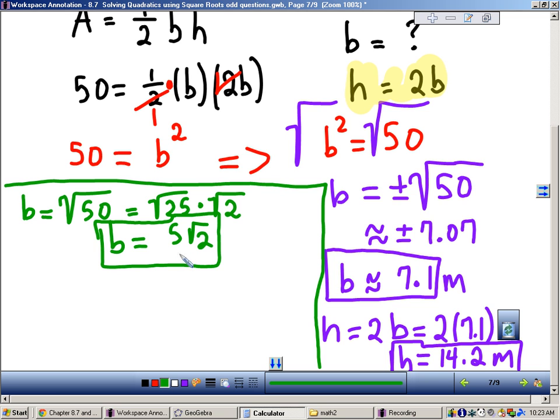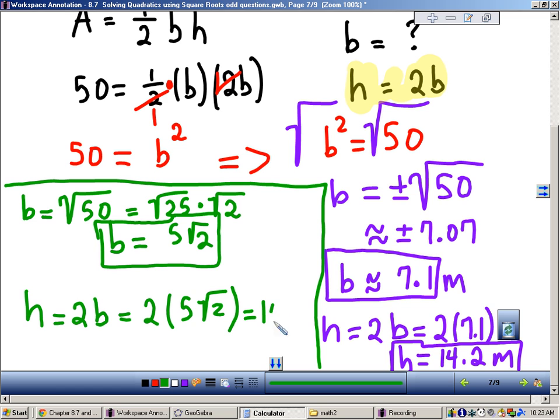And so now you can see that the height, which is 2 times the length of the base, would be 2 times 5 square root 2, which is 10 square root 2. Okay?